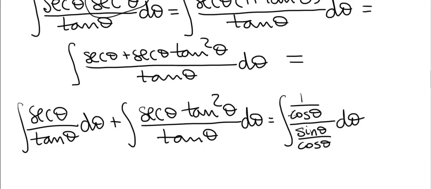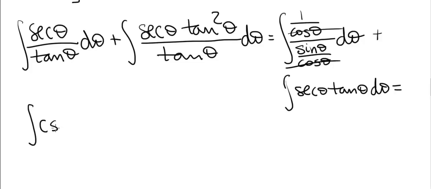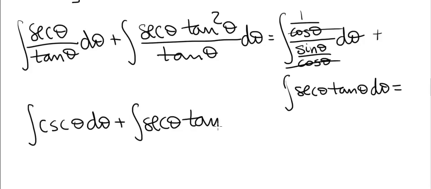You can see that cosines will cancel. Plus the second integral, tangent squared over tangent is tangent, so the second integral is the integral of secant theta times tangent theta d theta. Now the first integral, after canceling the cosines, we have 1 over sine, so that's equal to cosecant theta. And the second integral is secant theta tangent theta d theta.